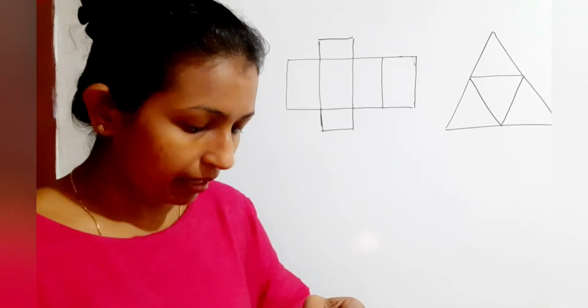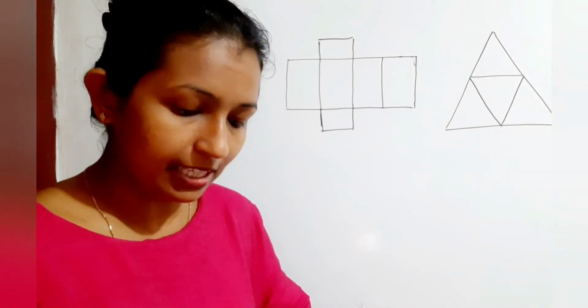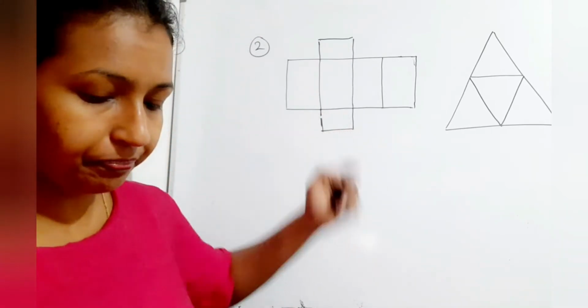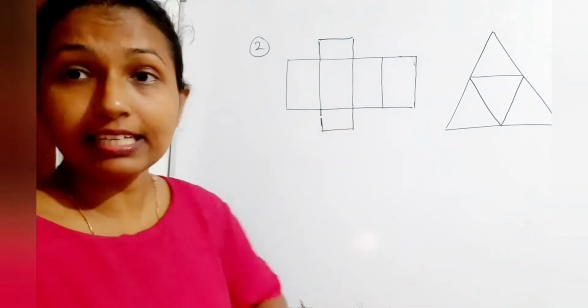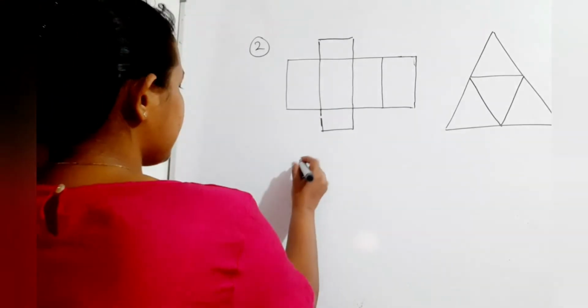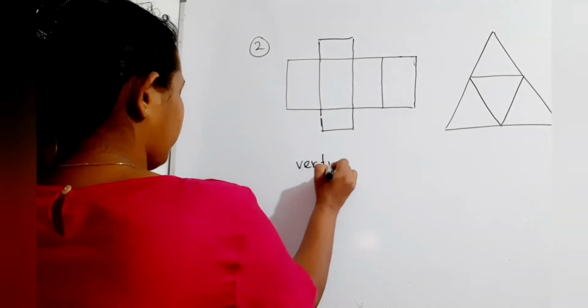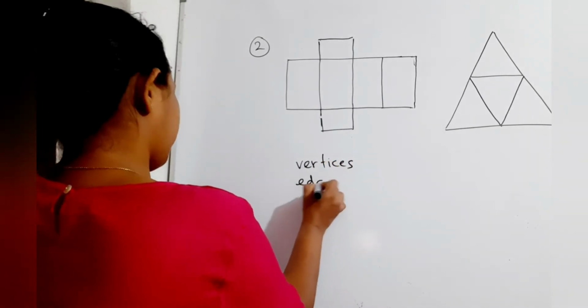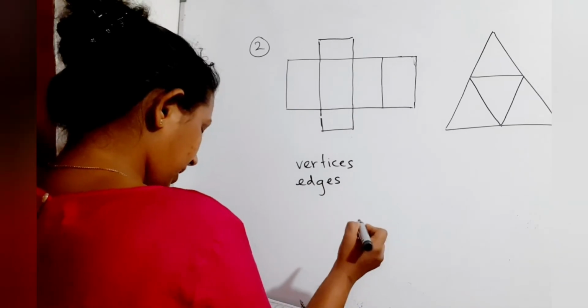Now the third part. Write down the number of vertices, edges and faces of the solid made by using net A. Net A is a cuboid. You have to write the number of vertices, edges and faces.